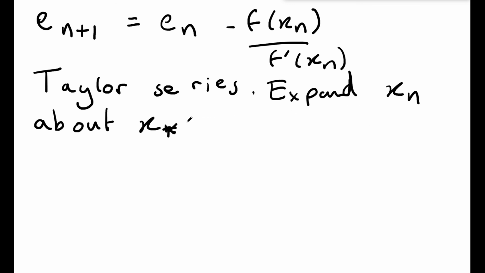At this point it might seem a slightly unusual thing to do, but the idea is that we want a Taylor series with f of x and f prime of x of n, and Taylor series contain your derivatives, right? So we're going to try and find the value of f of x star starting from x of n.